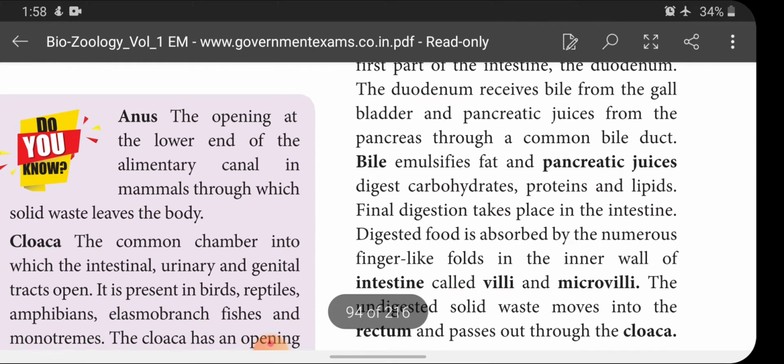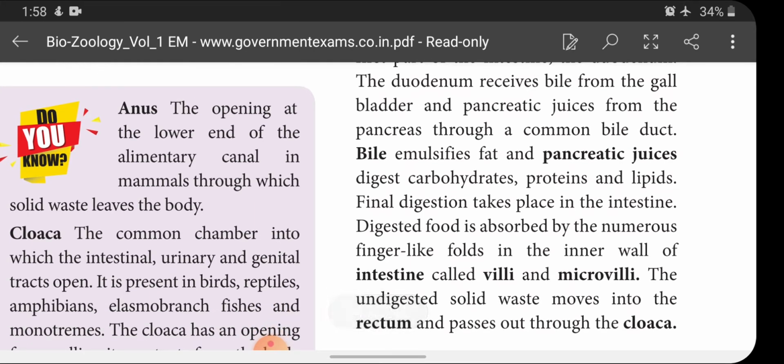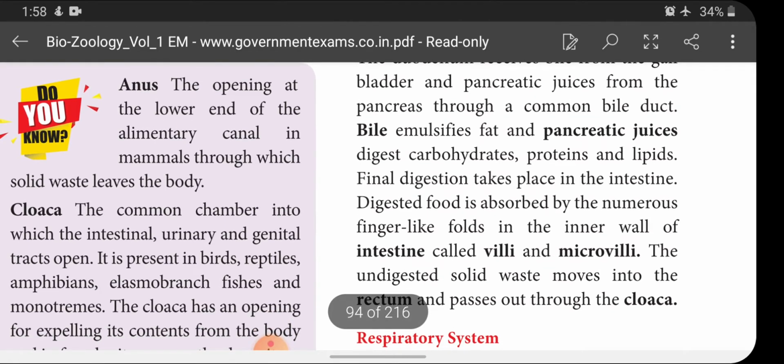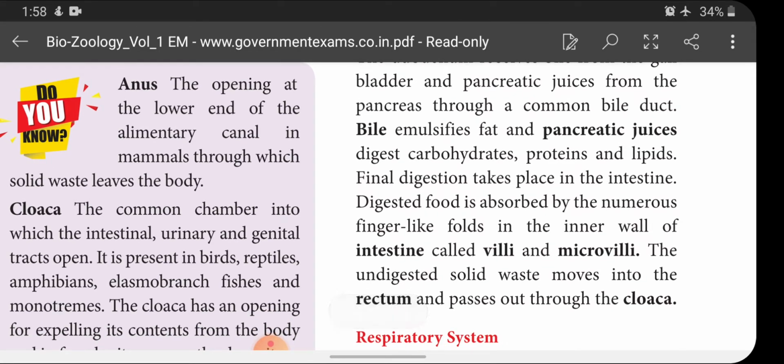What is the function of bile? Bile emulsifies fat, and pancreatic juices digest carbohydrates, proteins and lipids.